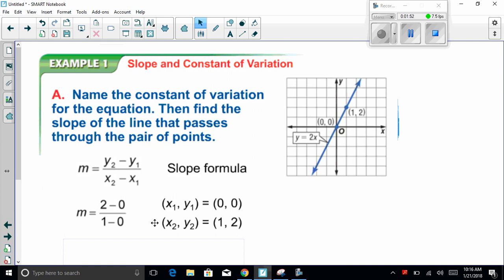So you subtract y minus y, which is 2 minus 0, and x minus x, which is 1 minus 0, and you end up getting a slope of 2. The slope and your constant of variation are going to be the exact same thing. So the constant of variation for this equation is 2.